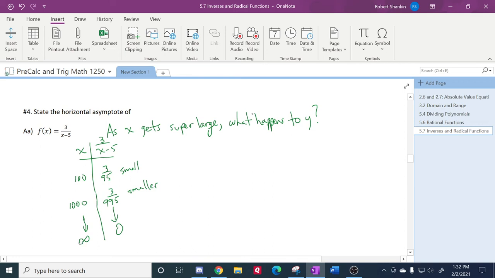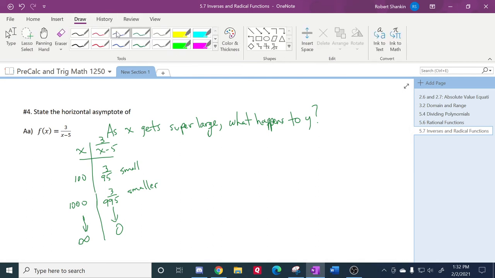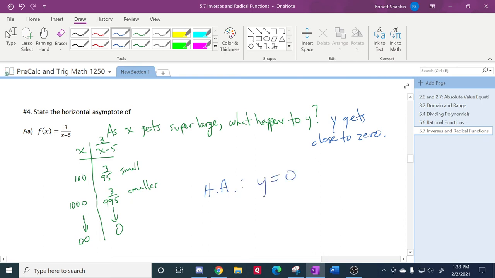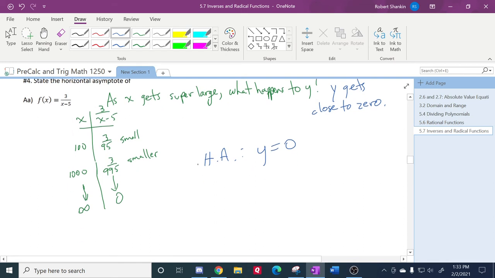So, as x gets super large, y gets closer to 0. Thus, the horizontal asymptote is y equals 0. Now, what does this mean about the graph?